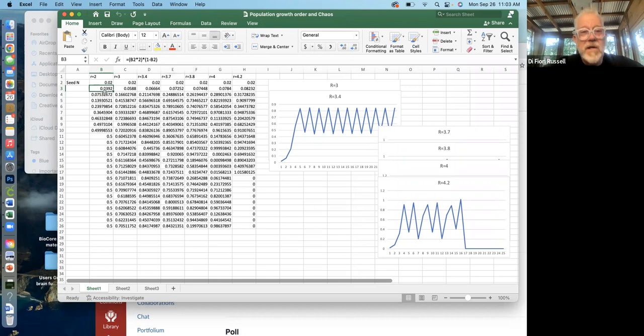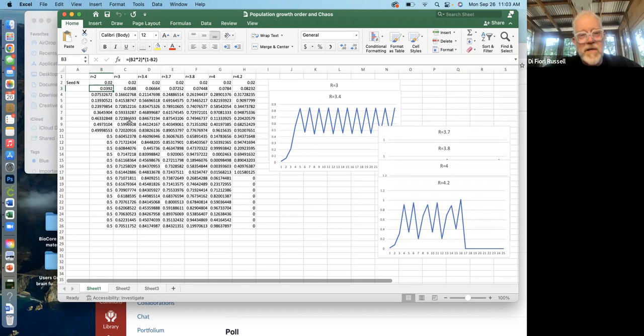Anyway, so if you grow slowly at R equals 2, you'll notice in this graph that we obtain this sort of stable level at 50%, and then we just stay there. Right? It's just like perfect, right? We approach the carrying capacity and then stay there.